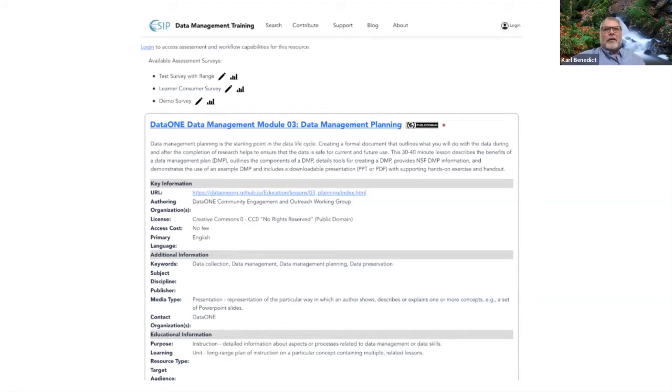Yes, they can be, and that's one of the characteristics of the system, that we can compose new surveys based on collections of questions.